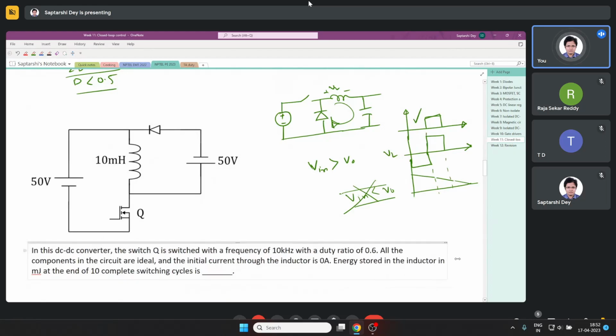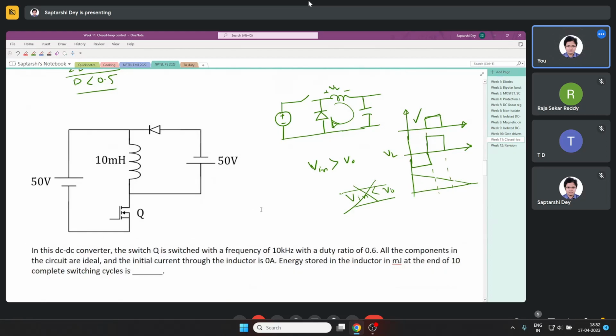In this DC-DC converter, the switch Q is switched with a frequency of 10 kilohertz and with a duty ratio of 0.6. All the components in the circuit are ideal. The initial current through the inductor is 0 ampere. The energy stored in the inductor, in millijoules, at the end of 10 complete switching cycles is how much? We have to find out.